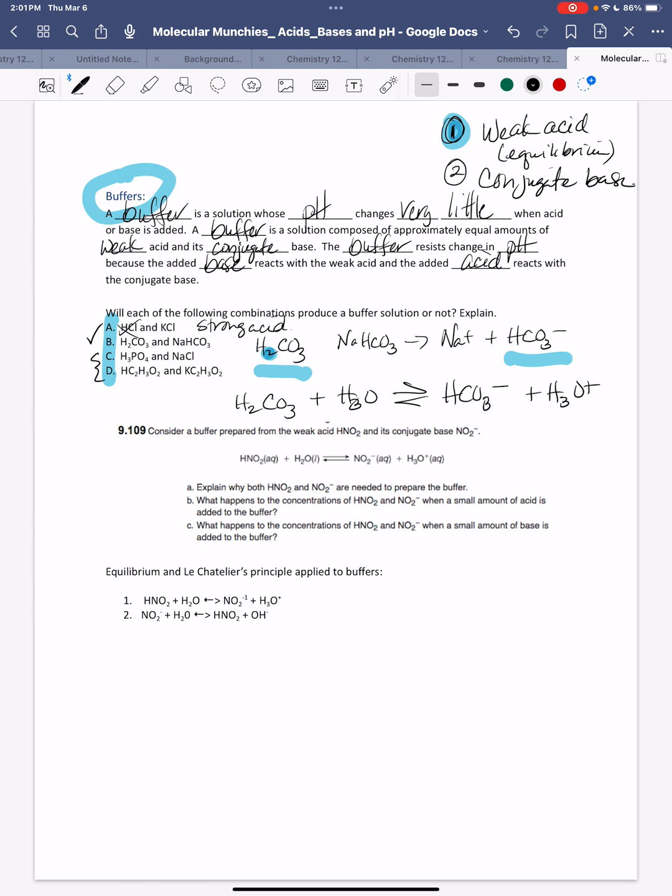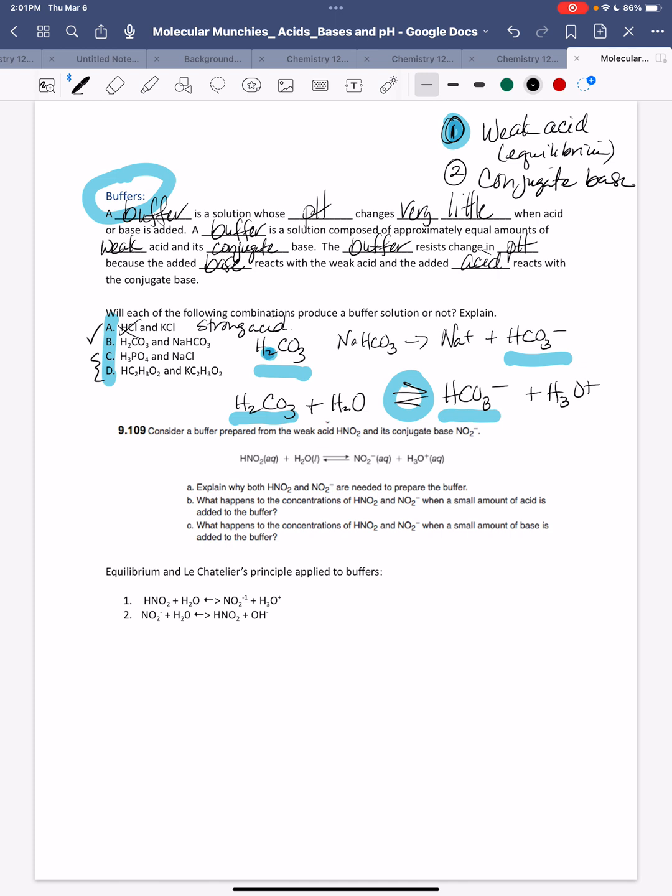Because I have both the acid and the conjugate base, it's in equilibrium, and so I have the ability at this point to absorb. If I add base, it's going to react with the acid that's present. I should fix this, it should say H2O. If I have acid added to the system, it will react with the base. And if I add base to the system, it will react with the acid.